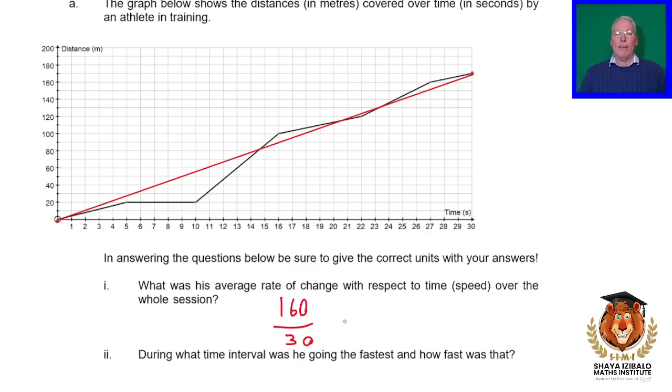It's a rate of change of distance with respect to time. We call that speed, so it'll be 5 1/3, and that is meters per second. We write it like that, meters per second.